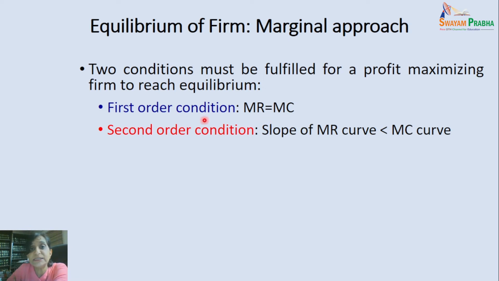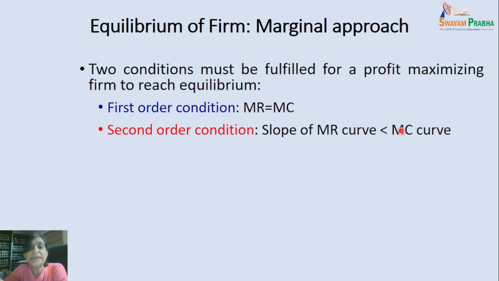So that's the first thing we need to understand when deriving the profit maximizing output level of the firm. The second condition says that the slope of your marginal revenue curve should be less than the slope of the marginal cost curve. In other words, once your MR becomes equal to MC, the marginal cost curve should start rising after it. Graphically, that is the point where marginal revenue and marginal cost intersect each other.